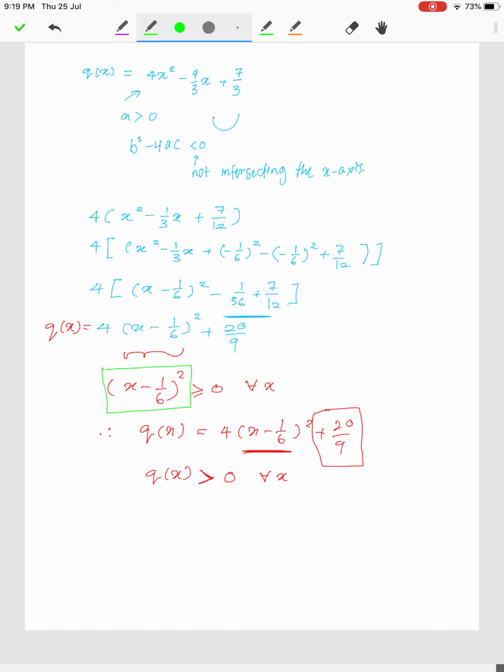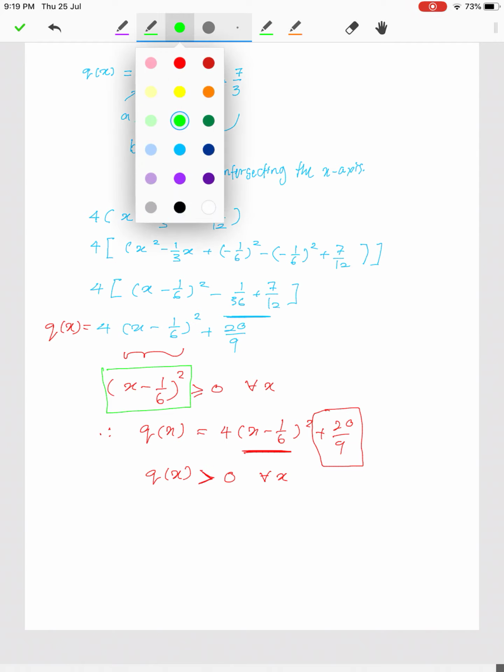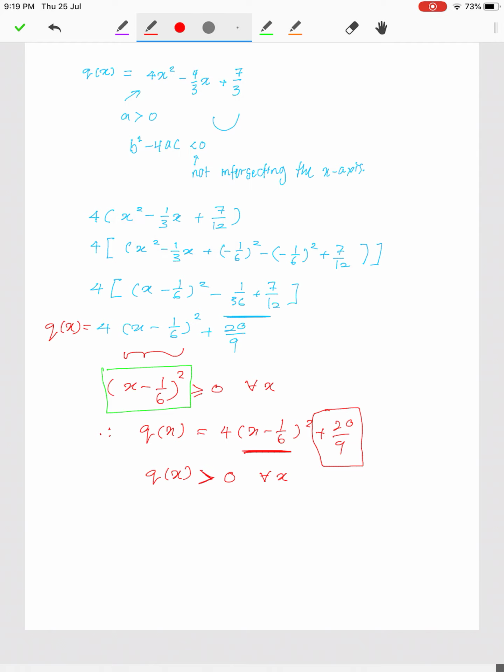Okay, so how about the minimum value? The minimum value is 20 over 9. Why is that? Let's have a look at this one again.